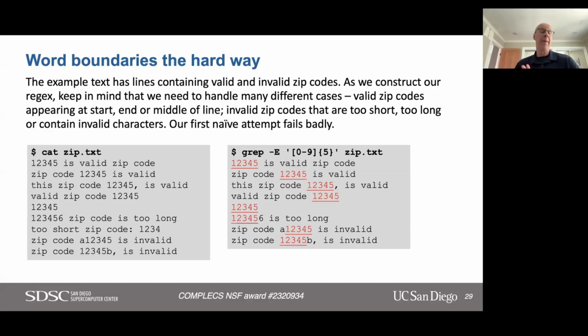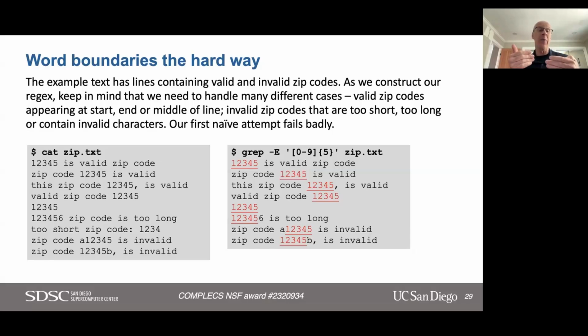Let's look at the example text, zip.txt, and this file is going to have lines containing valid and invalid zip codes. To me, a valid zip code is going to be a string of 5 digits, separated by white space or punctuation, and not, say, with any extra characters or letters.